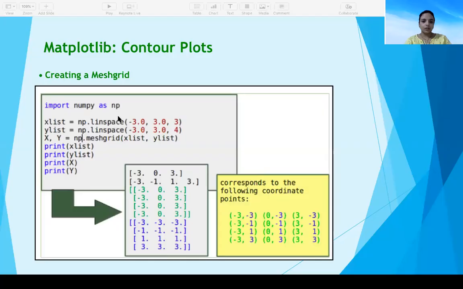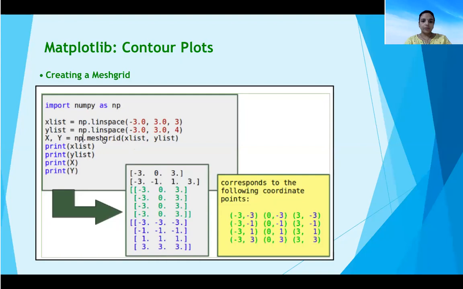Now I'm using the meshgrid function. Using this function, we create a numpy matrix with the number of columns equal to the number of elements in the X list, and the number of rows equal to the number of elements in the Y list. The elements of the X list are placed row-wise and repeated in the rows to form the matrix.